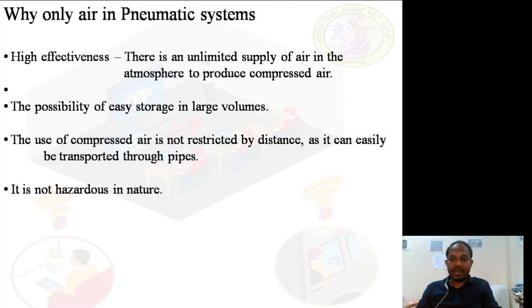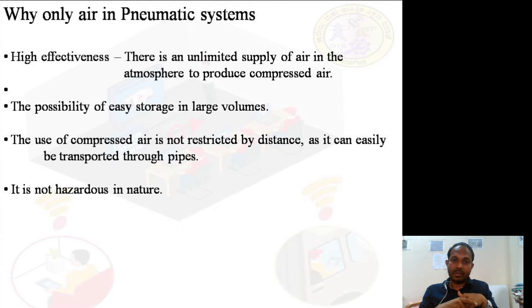The use of compressed air is not restricted by distance, as it can easily be transported through pipes. For example, in a JCB there is a tank and it works over a limited distance. If the source is somewhere and we use it somewhere else, it is not possible there.